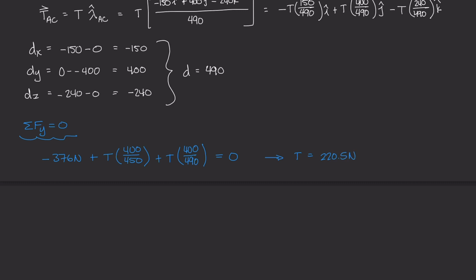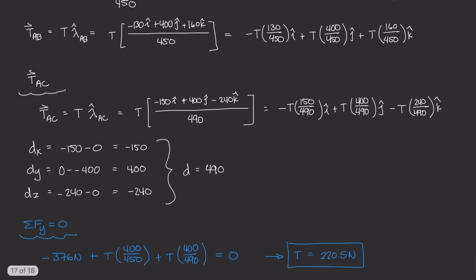220.5 newtons. Now, this is really good because we can take this value and plug it in for all the t values in each one of these components for this TAC force as well as our TAB force. So just by starting off with the y direction, we figured out really 6 different components in this entire problem, which is awesome.